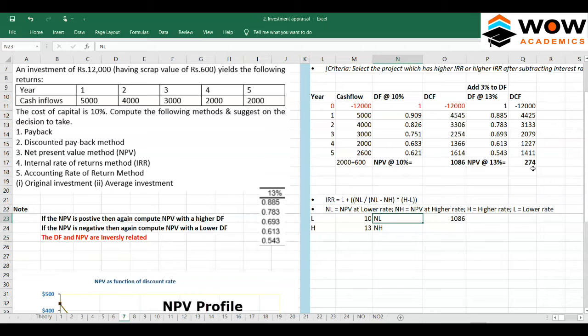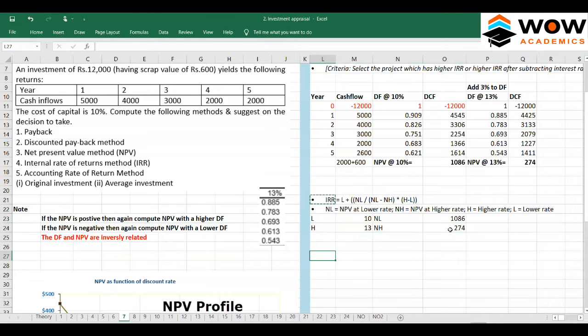The right approach is first to start with the discount factor which is the lowest, and find what the NPV is for that. Then you have to find out the NPV at the higher discount factor. This is the highest discount factor, and the NPV there is 274. That's it.